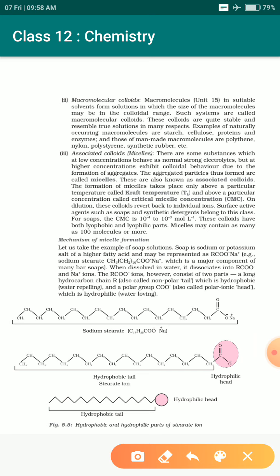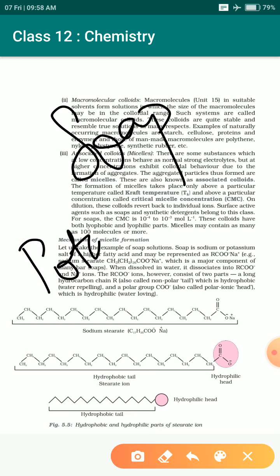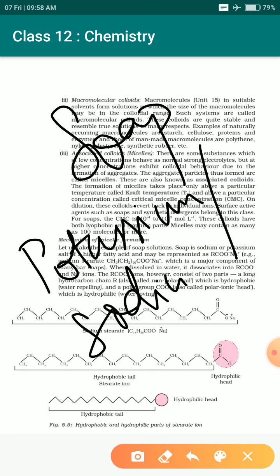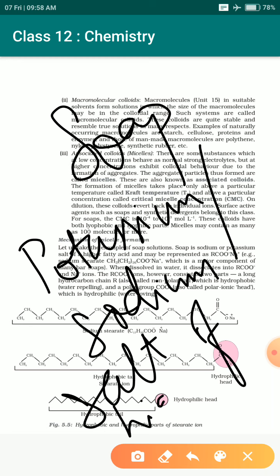Okay, see, soap is actually a potassium or sodium salt of higher fatty acid.